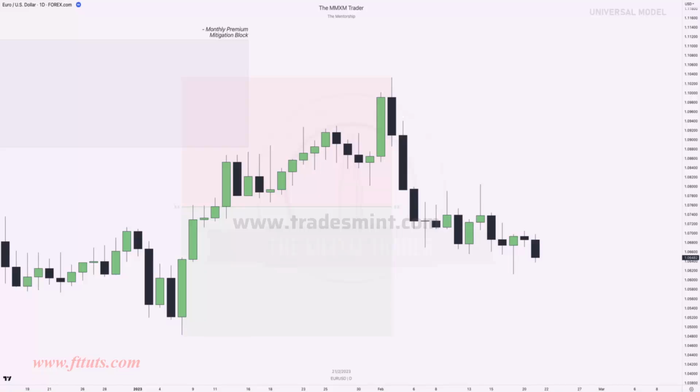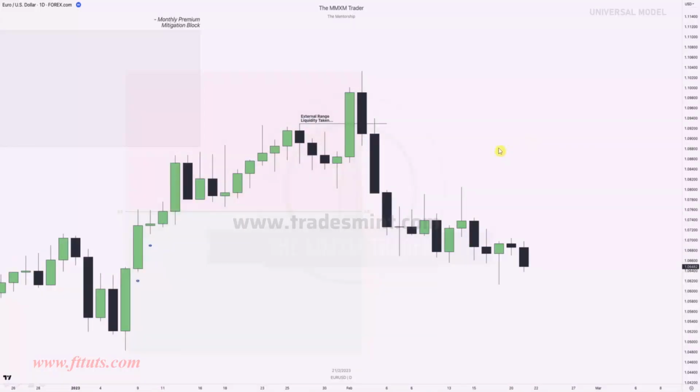So going into our intermediate term perspective, we can see this monthly premium mitigation block from the previous slide, right, extended out in time, and we can actually see price action is starting to break down. And how does that look like? Right, external range liquidity has been taken, so we go from external back to internal. And where is our internal range liquidity? In discount, right?